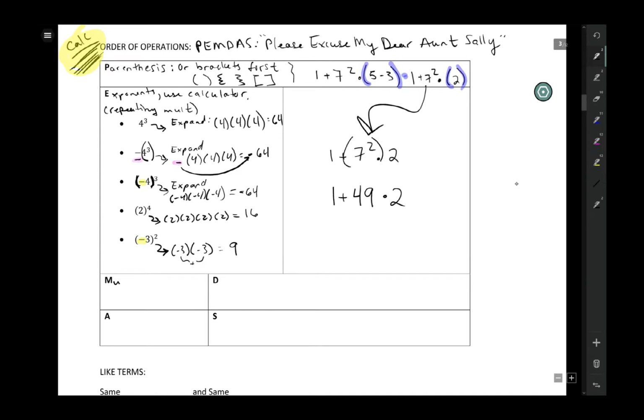Multiplication and division, and you do whichever operation comes first from left to right.